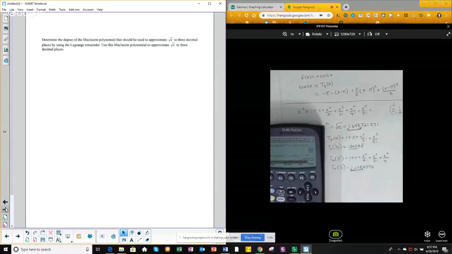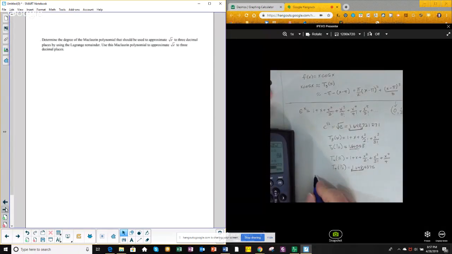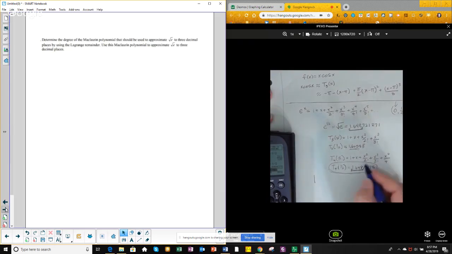Okay, so the Lagrange form of the error is going to be approximated by, let's say, if I use the 4th degree Taylor polynomial as my guide, the next term would be the 5th degree Taylor polynomial.